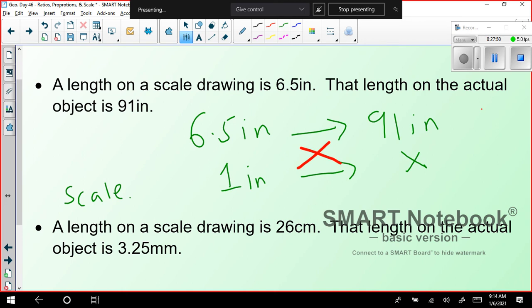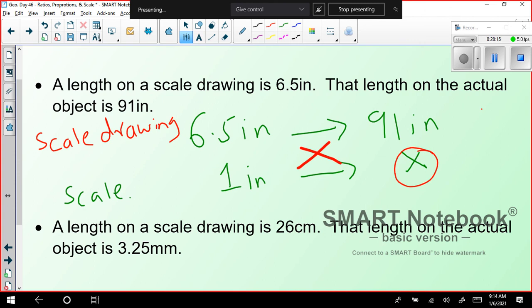The first one given to us was the scale drawing. The second one that I'm doing is the scale that I'm trying to find. 6.5 inches of scale drawing is nothing but 91 inches in reality. We just want to have a scale: 1 inch on map should indicate how much in reality. I don't know that particular value, so I'm finding that using cross multiply.